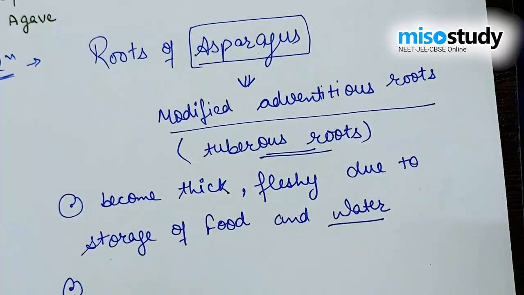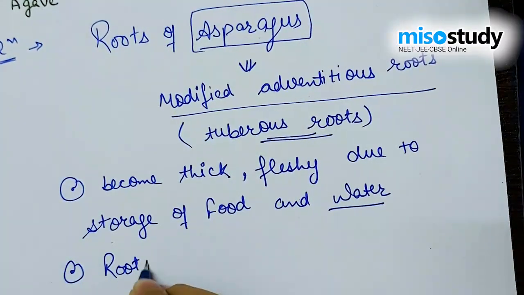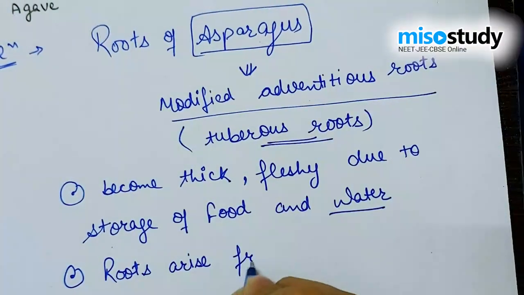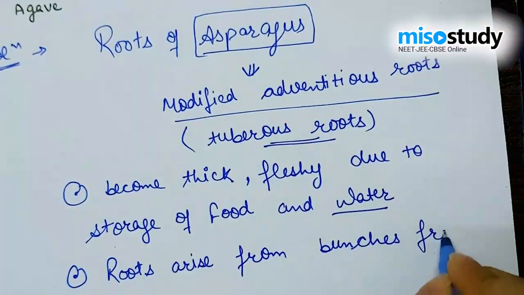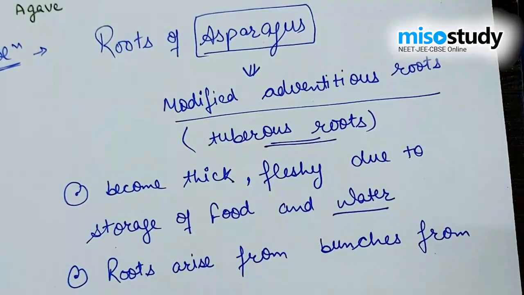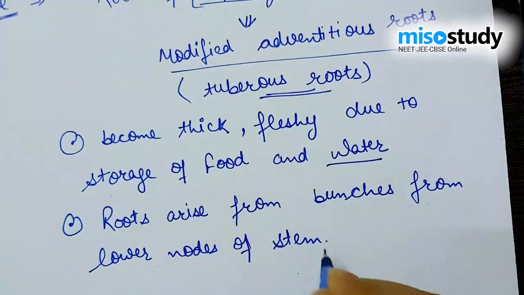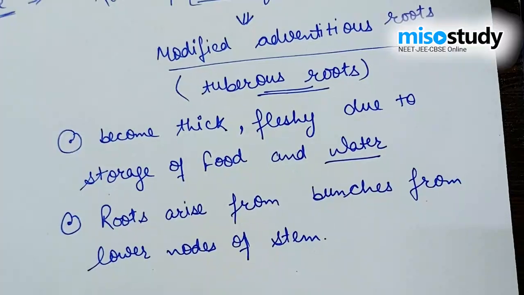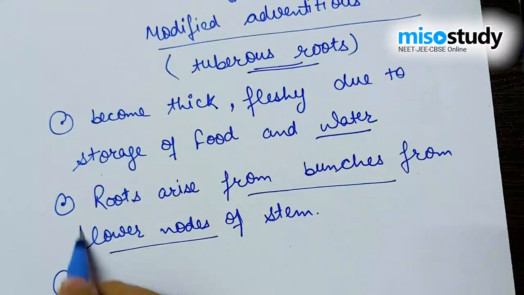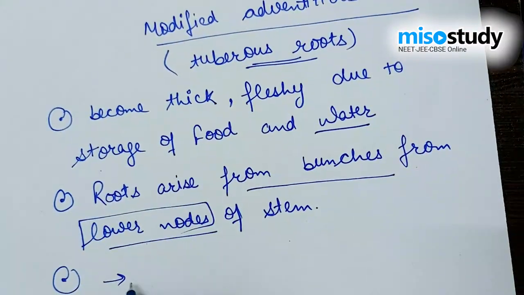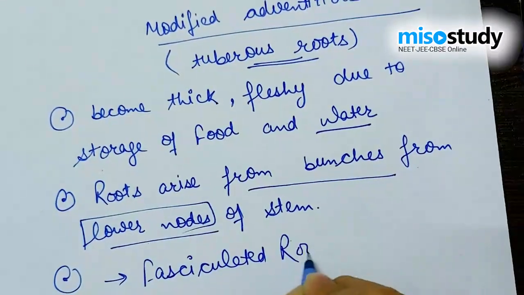By storing the food and water in them, the roots arise in bunches from the lower nodes of the stem. The kind of roots that arise in bunches, especially from the lower nodes, are also known as fasciculated roots.